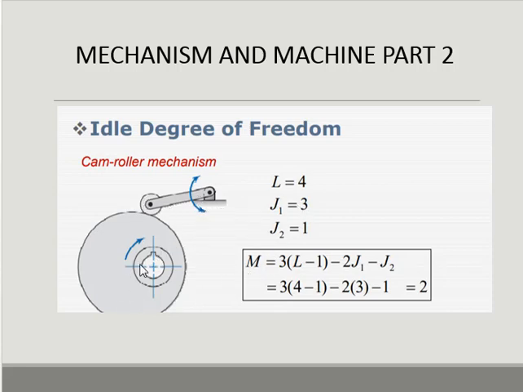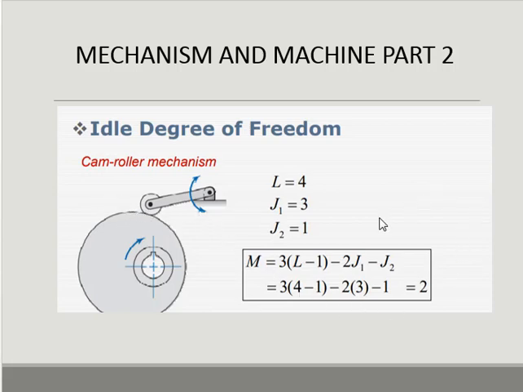And then you can count J1 or lower pair. The lower pair has 3 joints: 1, 2, 3. And J2 for the high pair has 1 joint like this. This is a high pair.